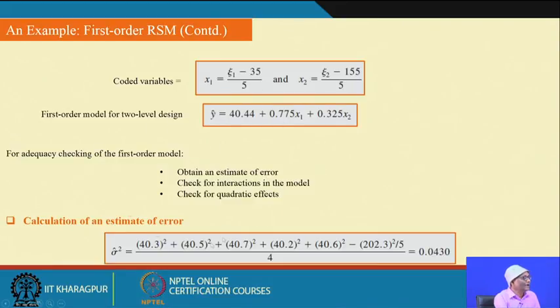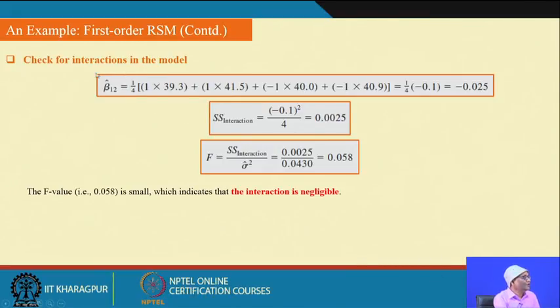The coding, and there are three kinds of things to be estimated. One is the error estimate. Error was estimated using the central data. Then the interaction is also estimated with the factorial data points, and through the F test we say that the interaction effect is negligible.